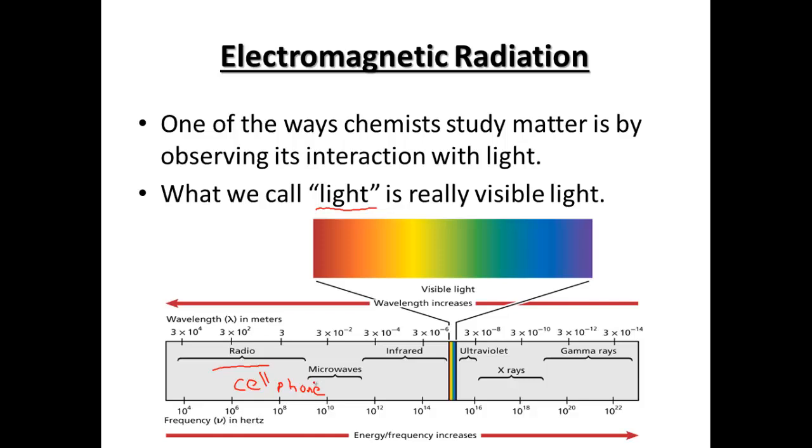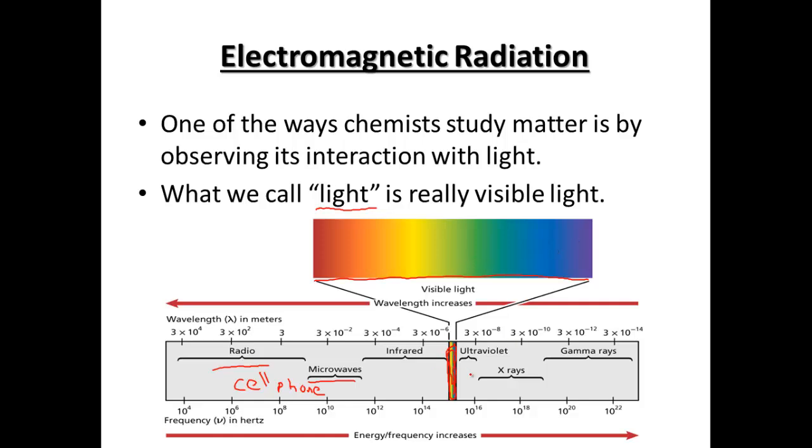TV waves are also included there. Microwaves, which might heat up your food. Visible light, which is just this small spectrum in here, so only a small part of electromagnetic radiation is actually what we can see. And that's where our Roy G. Biv scale comes from: red, orange, yellow, green, blue, indigo, and violet.